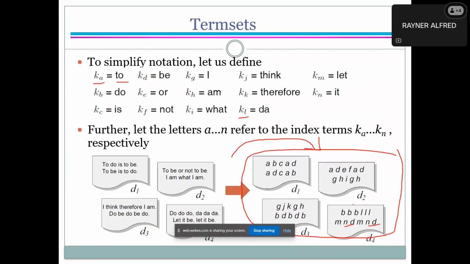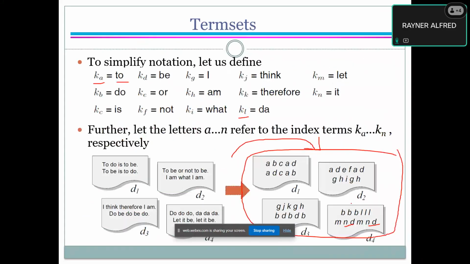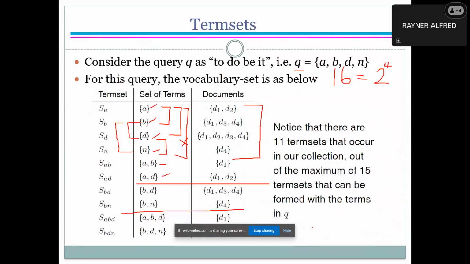Let me check. Okay, di BD, BN, BN tidak ada. BN ada sini. Why? Let me take.